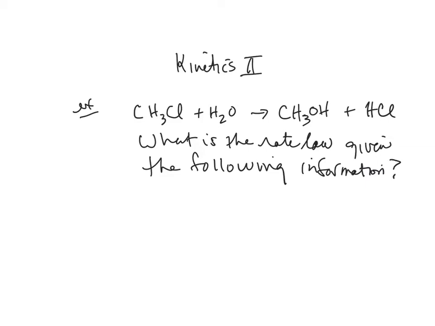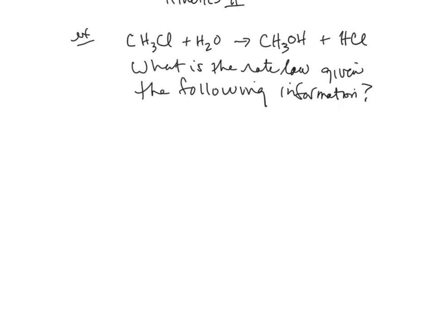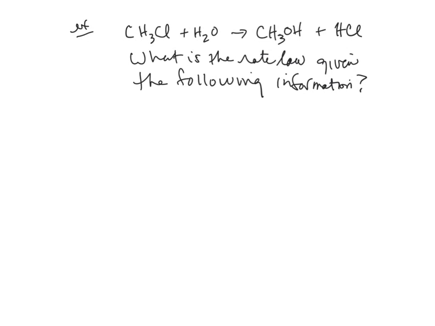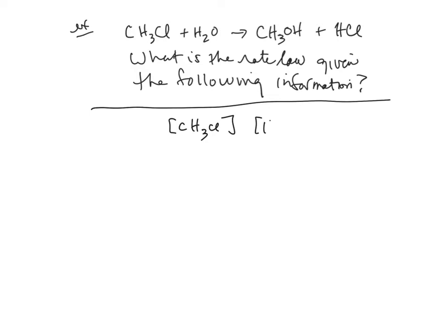All right, so then you'd be given a table with some data, and because there are two reactants, we're going to need to do 3 experiments to figure it all out. You'd be given this table where you have concentrations of your reactants and then values for the rate, which have units of molar per second.